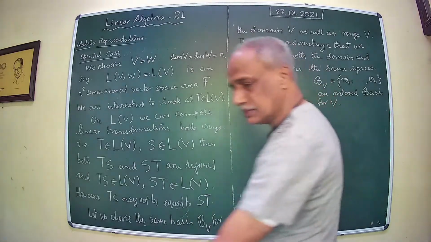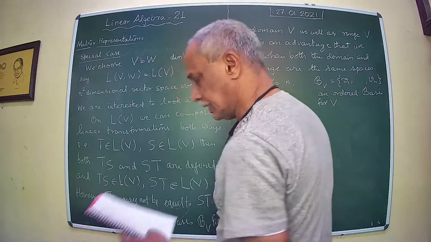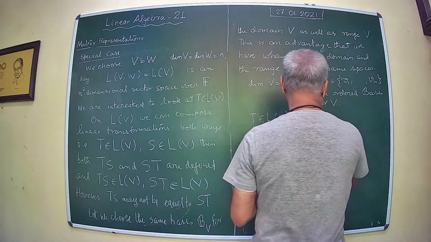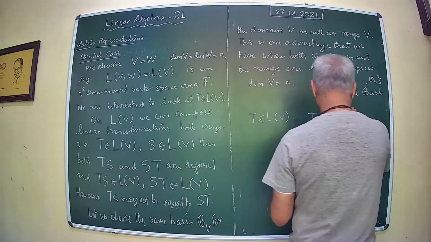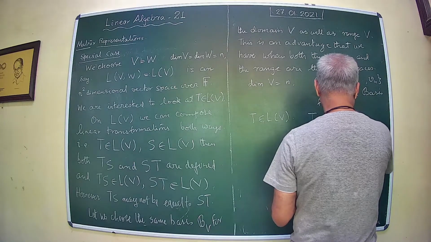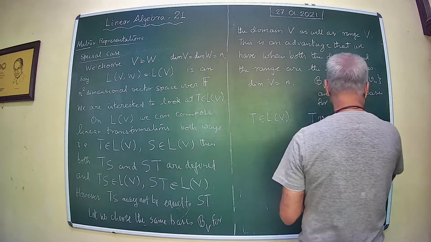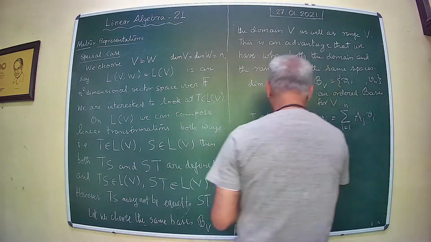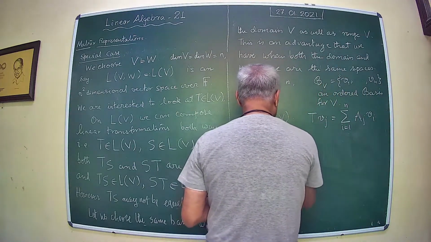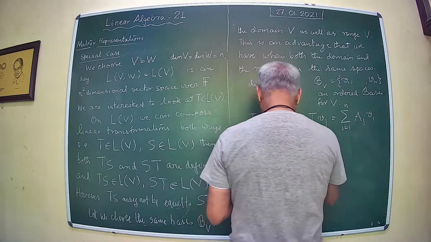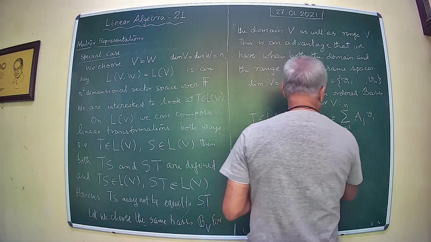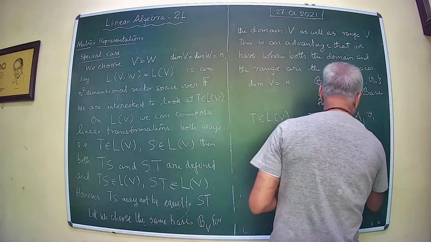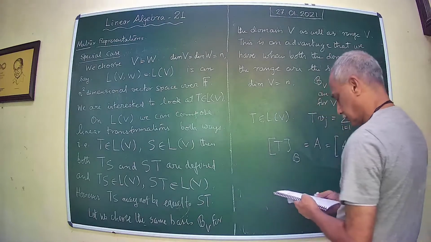Then what we have is the following: we have T(vj) equal to the sum of A_ij v_i, and therefore the matrix of T with respect to B is given by A. It's an n by n matrix.